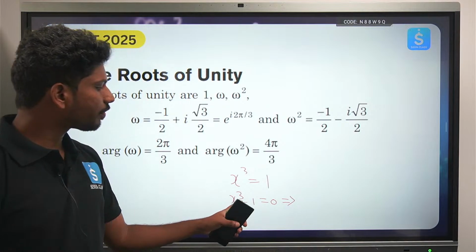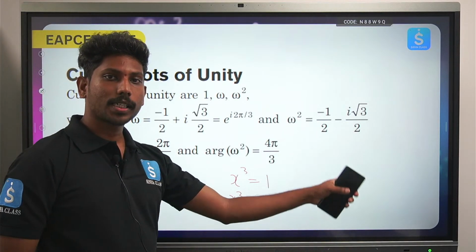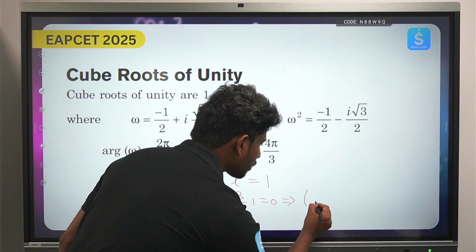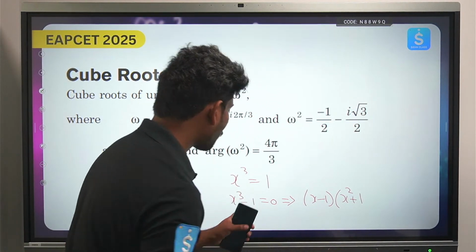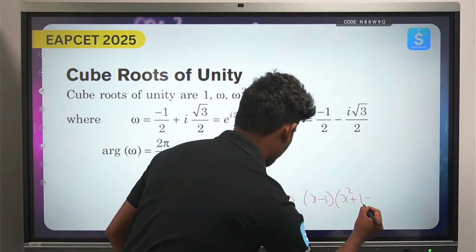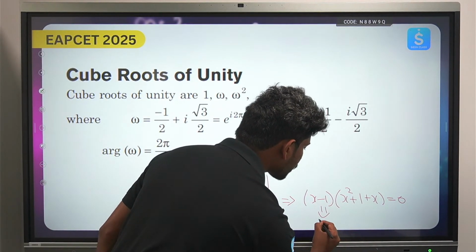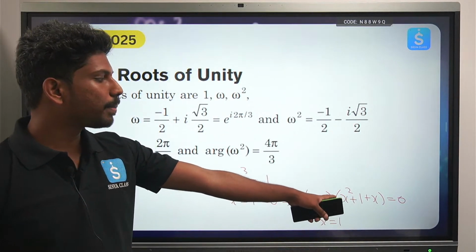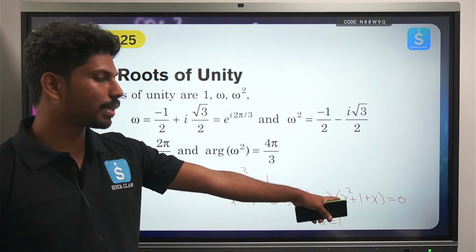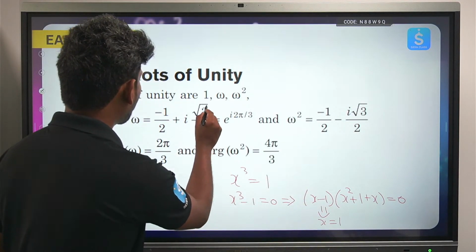You can write it in the form a cube minus b cube, that is (a minus b)(a square plus b square plus ab), which equals 0. From here, x equals 1. Then again you need the formula minus b plus or minus under root of b square minus 4ac by 2a.